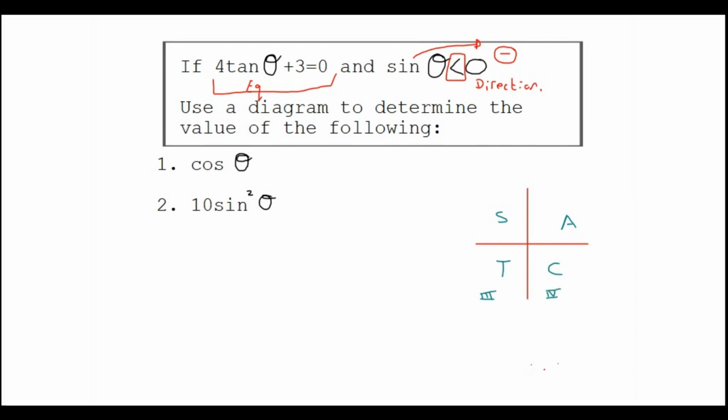And how do we see that? Well, remember, everything was positive here. That's what the A stands for, all. And sine is positive in quadrant 2. So therefore, we need to see that they said the sine of theta is less than 0 to show us that we need to focus on either quadrant 3 or 4. Alright.